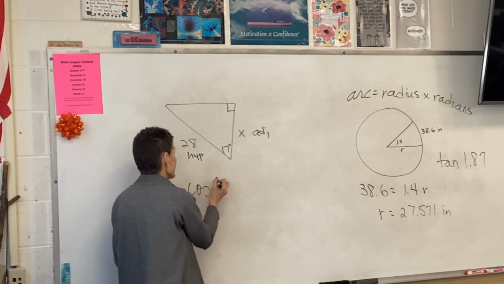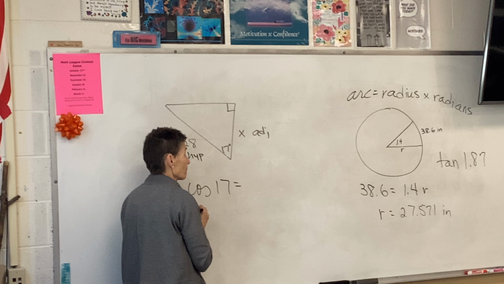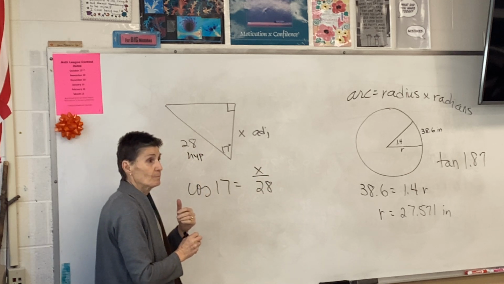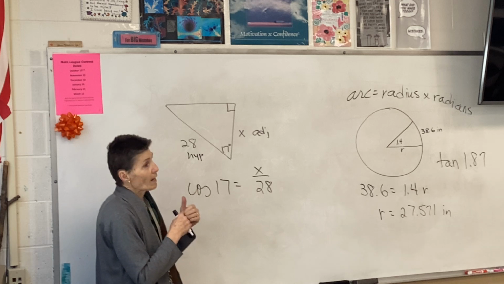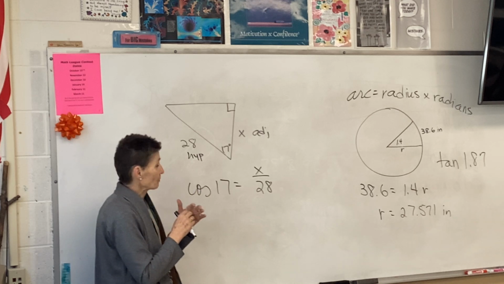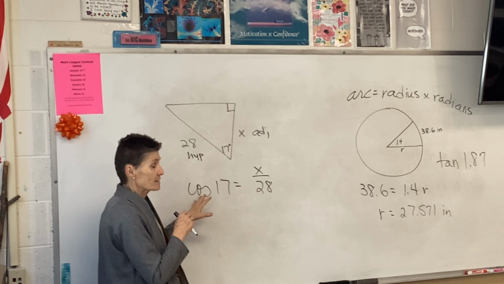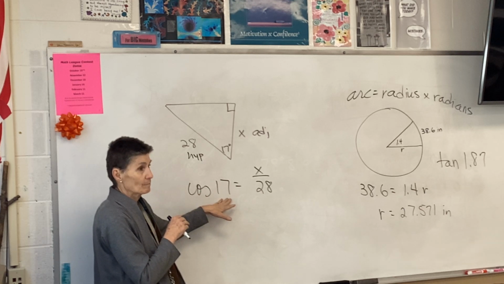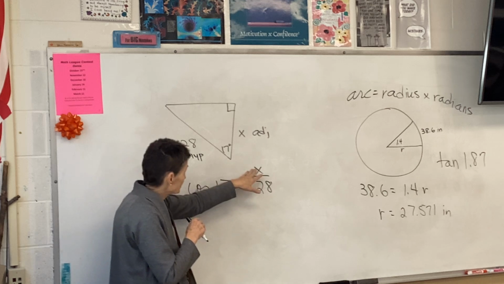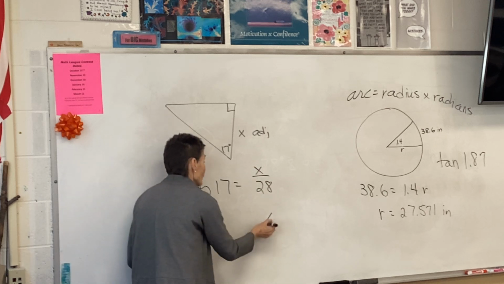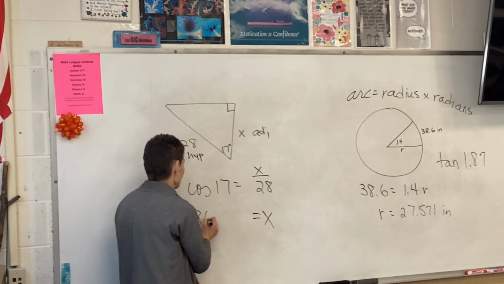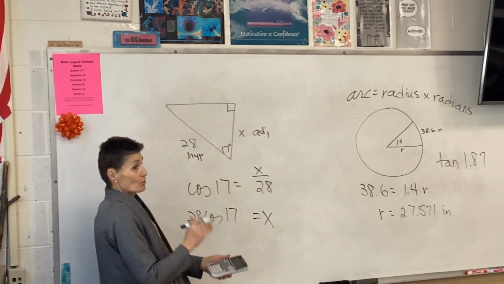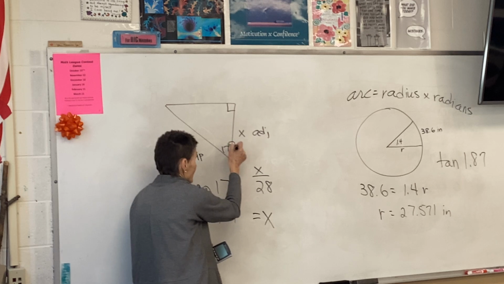So cosine 17 equals adjacent over hypotenuse. Remember, when you write your equation, whatever you're using, in this case cosine, it goes with the angle, cosine 17. And then adjacent over hypotenuse. So we'll multiply by 28. And before you type this in on your calculator, you see that right there?